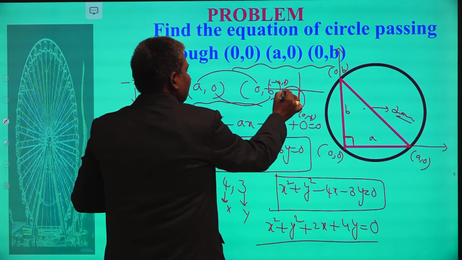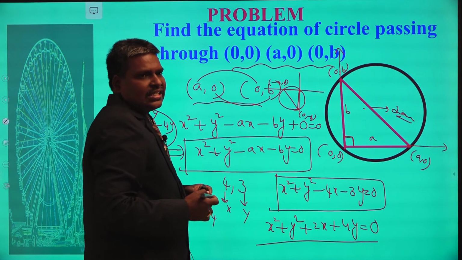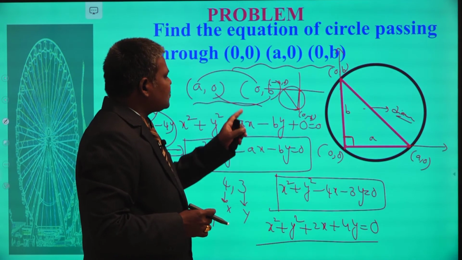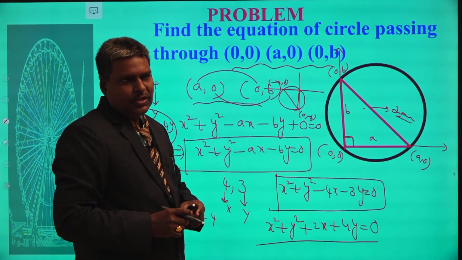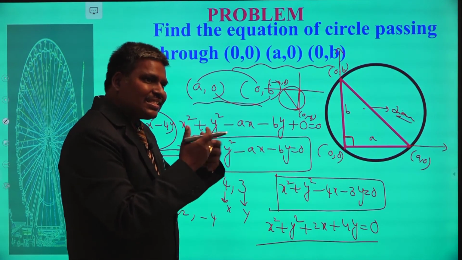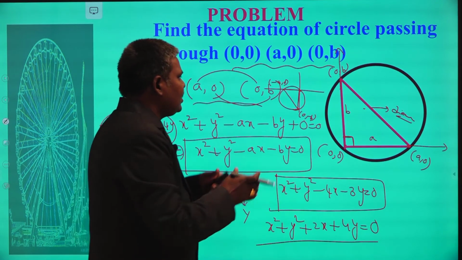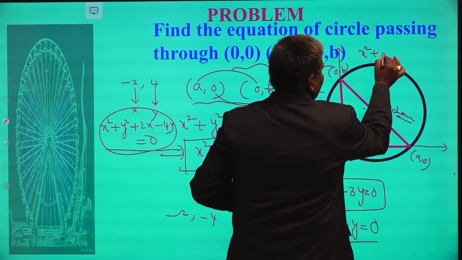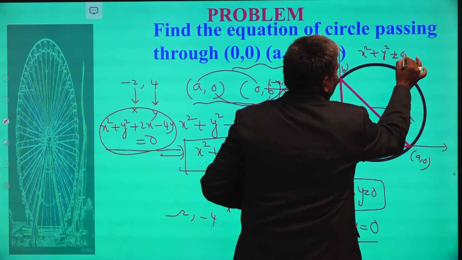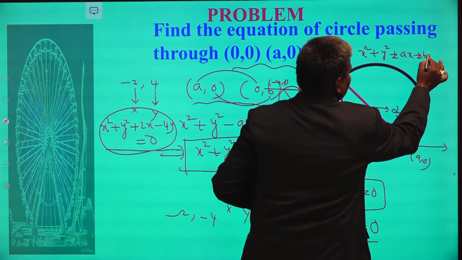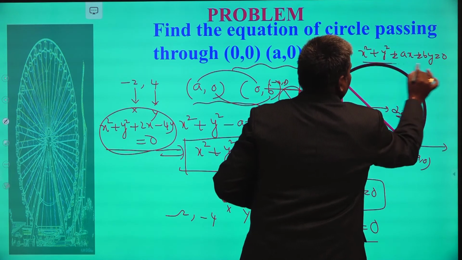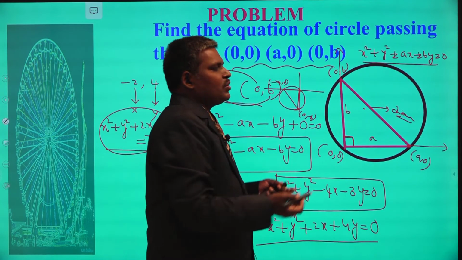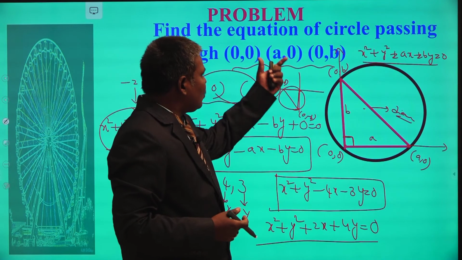At that time, we get the equation of the circle as x square plus y square plus ax plus by equal to 0. So the lengths of the intercepts are a comma b, and passing through the origin, the equation of the circle is x square plus y square plus or minus ax plus or minus by is equal to 0. What you have to take depends upon the question.